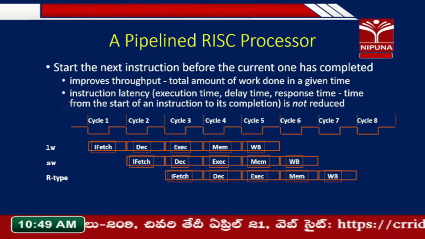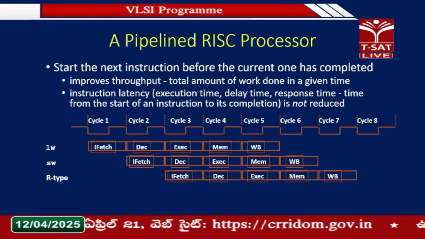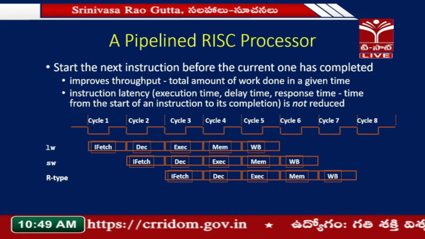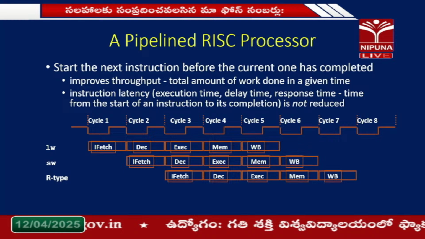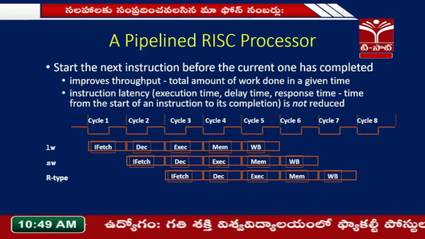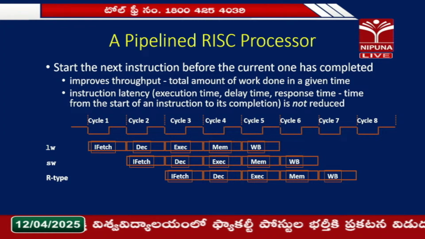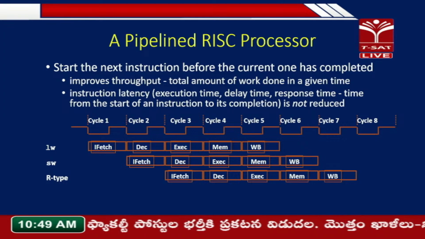So, the store word can use the fetch stage. We are fetching the next instruction, so that particular unit is not busy, it is idle. Store word is filling that up, and as you can see, they are moving in sequence. At any given time we are executing multiple instructions and improving the throughput of that particular CPU.